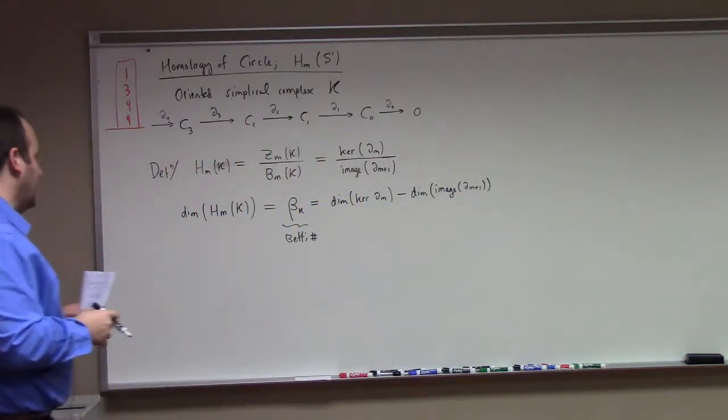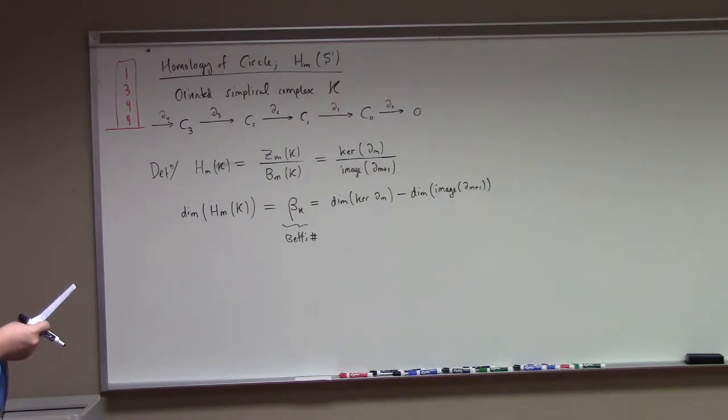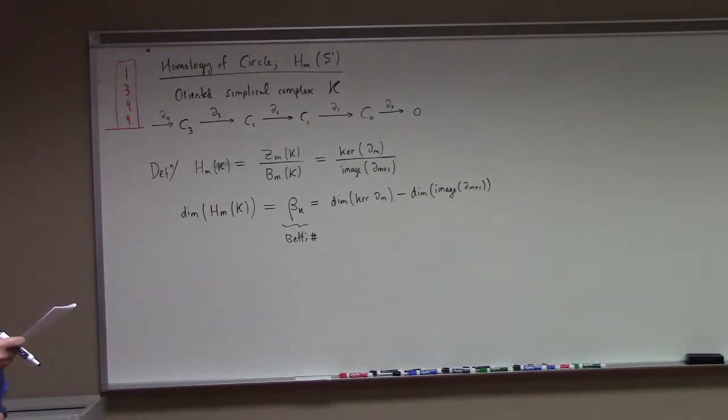So if we want to calculate the homology of the circle, all we have to do is find a triangulation of the circle and then calculate how these boundary maps work out as we look at the different kinds of m chains that are supported by that triangulation.